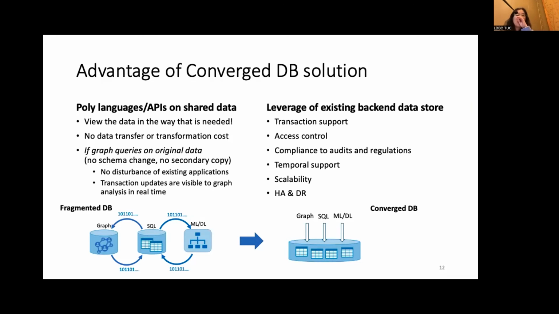Of course, the other set of advantages comes from the fact that it's built on top of an existing data store. So quite often you get transaction support for free, access control for free, compliance, audits and regulations, temporal support, scalability, HADR, etc.